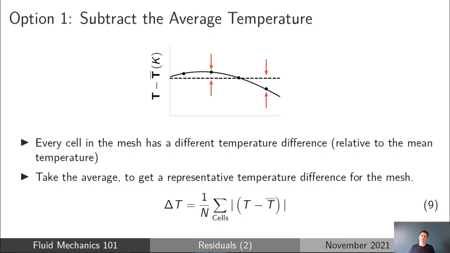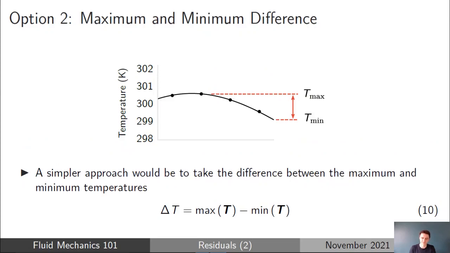That would be quite a good way to get a representative heat flux through the bar, because in a complicated CFD domain, temperature differences are going to be different everywhere, so you'll get some large heat fluxes and some small heat fluxes, but the average of all of those would give you a good representation of the magnitude of how much heat is flowing through the bar. Remember, we just want to know: are we around 100 watts or around 1 watt of heat through the bar, so that our residuals are scaled sensibly for us to judge convergence.